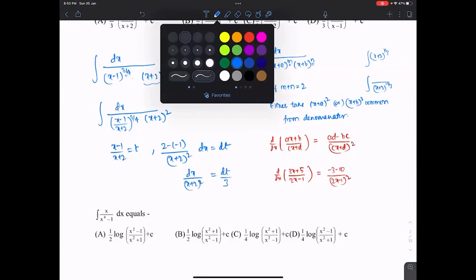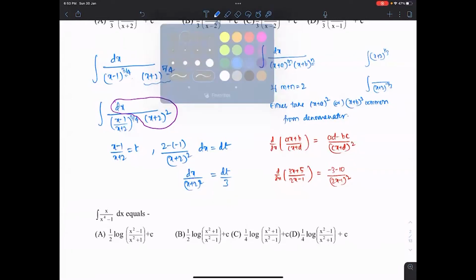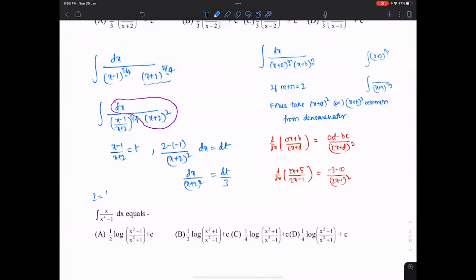Now where do you see dx by x plus 2 whole square? Here. So that will be dt by 3. So the integral will be 1 by 3 times integral dt by x minus 1 by x plus 2 whole power 3 by 4, that is t power 3 by 4 only. Now this can be integrated, right? 1 by 3 into integral t power minus 3 by 4 dt.